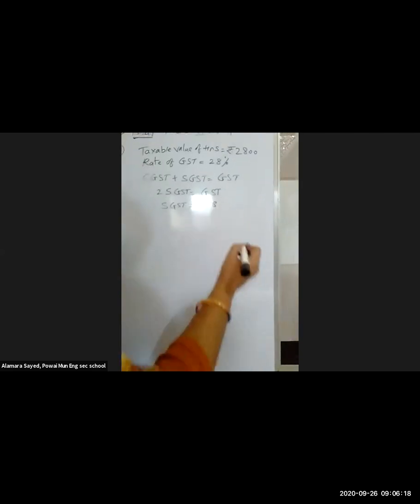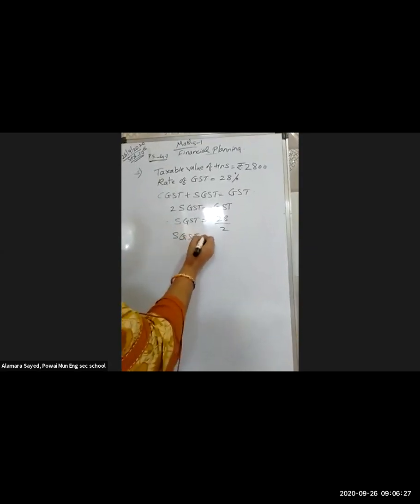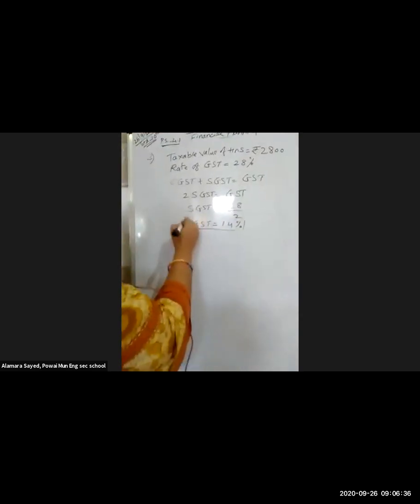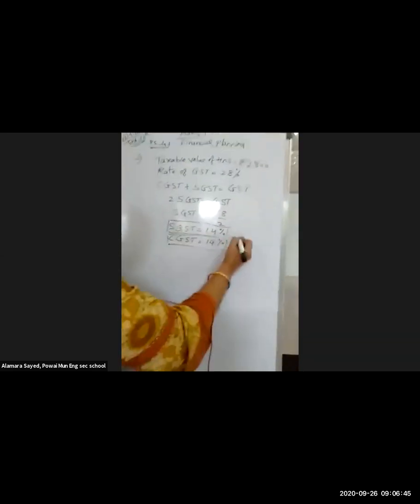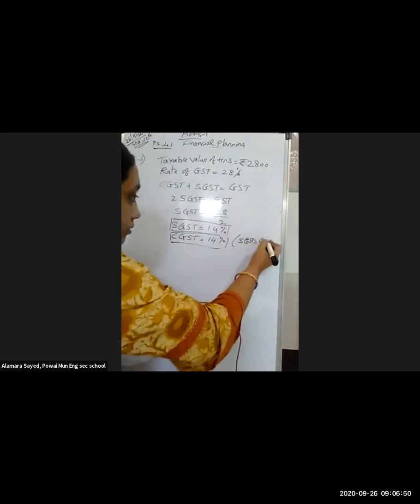So 28 upon 2, this 2 will come down. So SGST is equal to 14%. SGST will be 14%. And as we have got SGST 14%, similarly we will get CGST, that is 14%, as we know that SGST is equal to CGST.